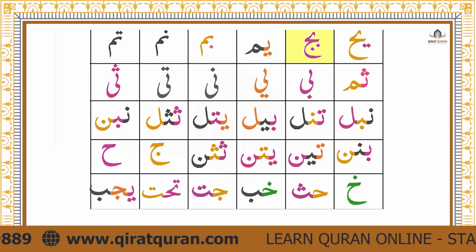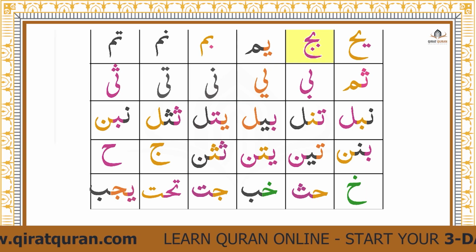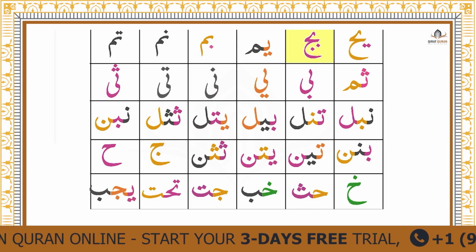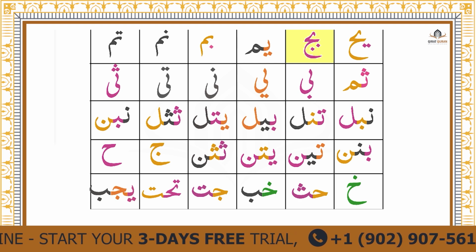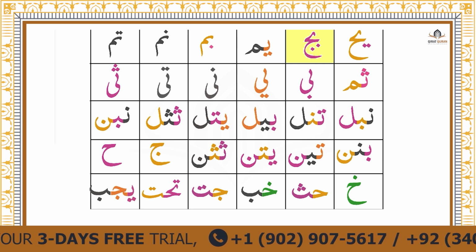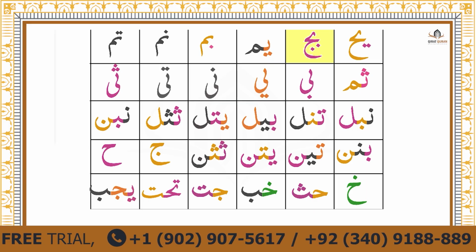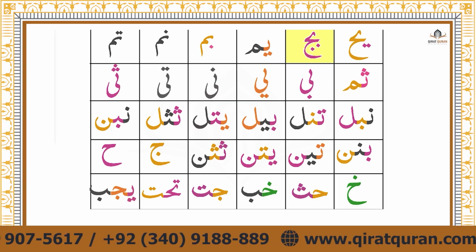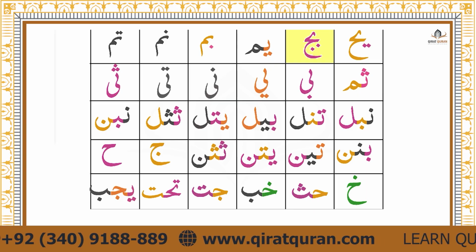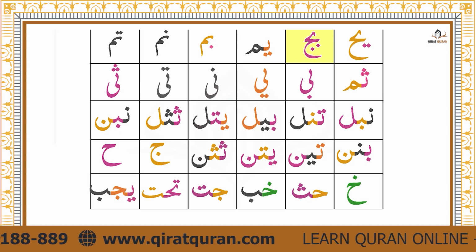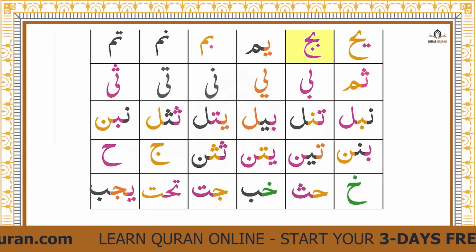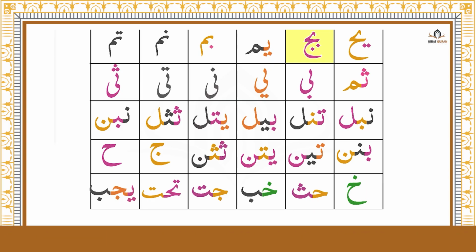Then the next one, look at the formation of it, and it also has one dot in the middle, so it is Jim. We recognize the first letter by its dot because it has a dot at the bottom. So it is Ba, and then the next letter is Jim. Ba, Jim.